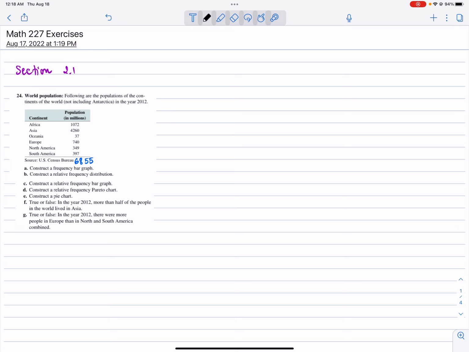In part A, we need to construct a frequency bar graph. The word construct means make a frequency bar graph. So this is a graph, and bar graph means the rectangular box.